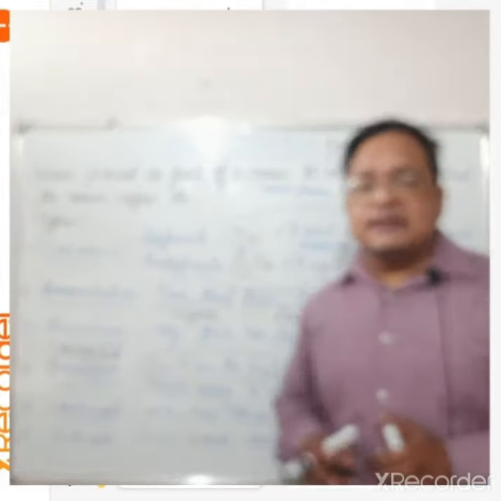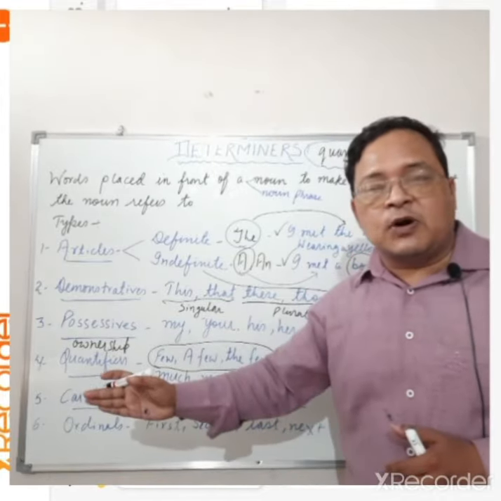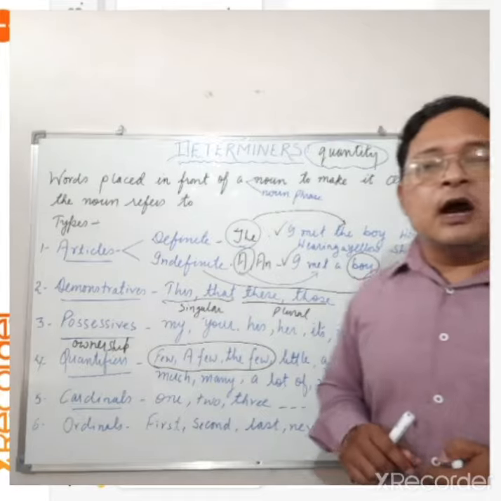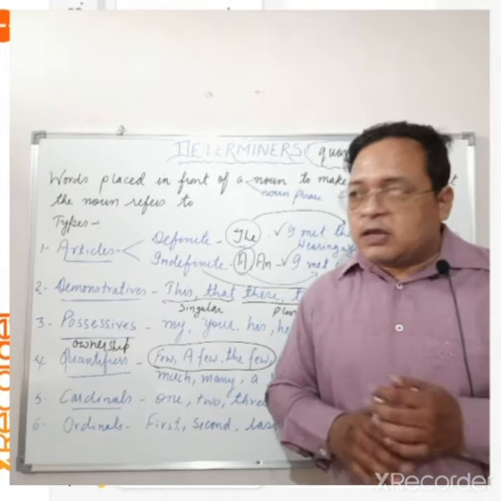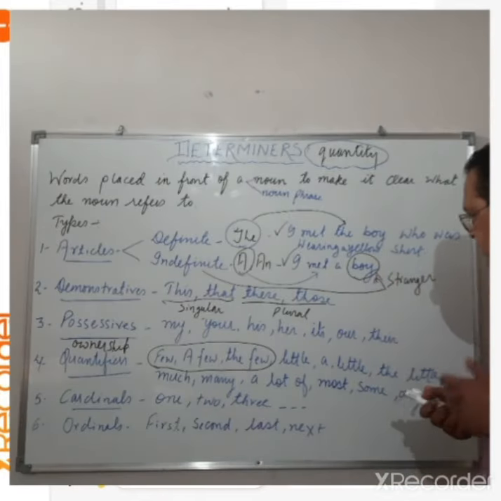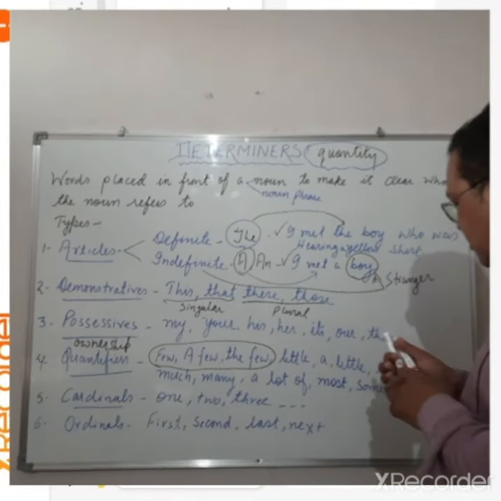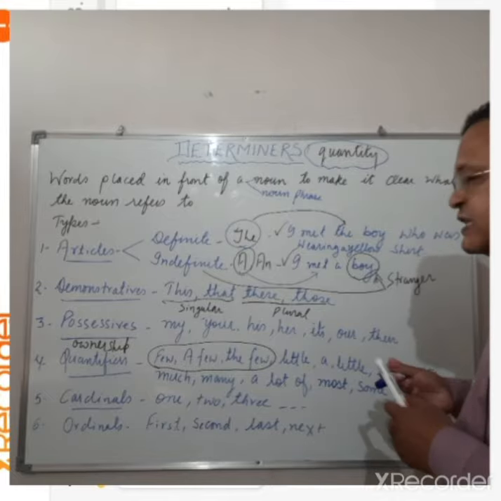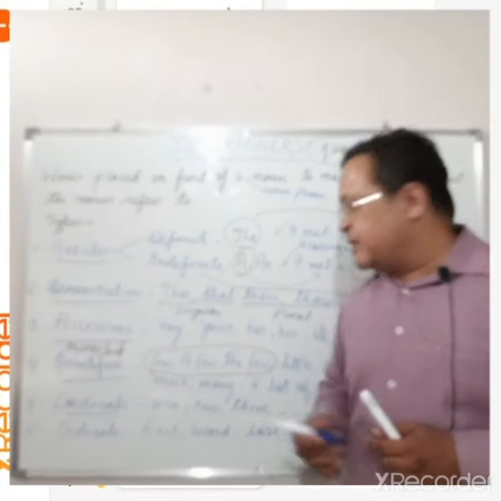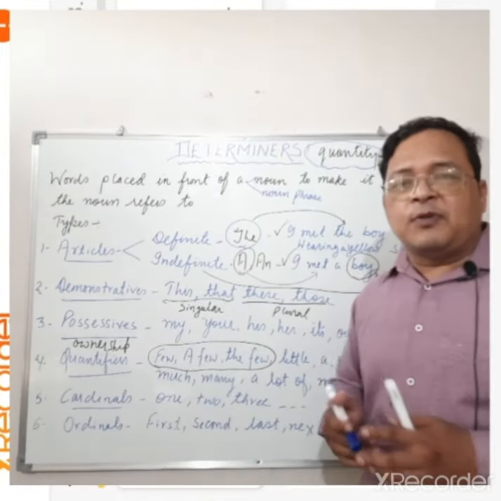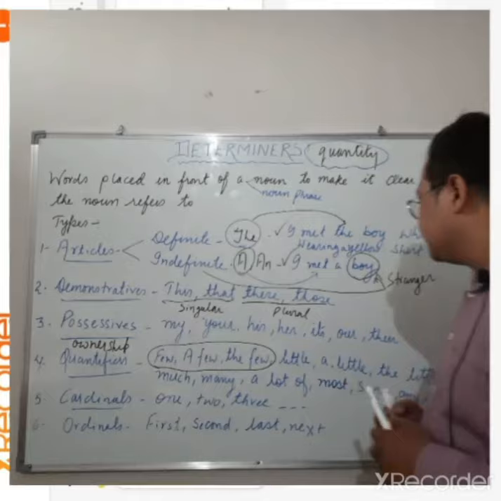The first difference is that one is for countable noun and the other is for uncountable noun. Countable and uncountable, I think you understand very well. Now let me tell you the difference between few, a few and the few with the help of an example.